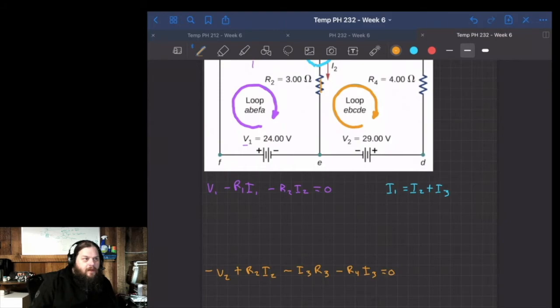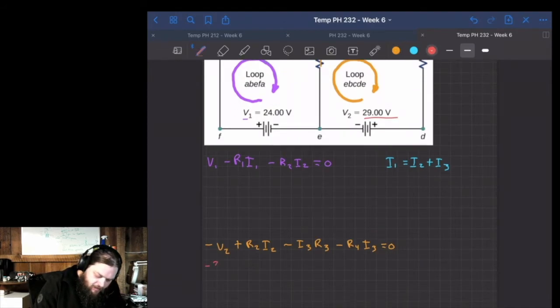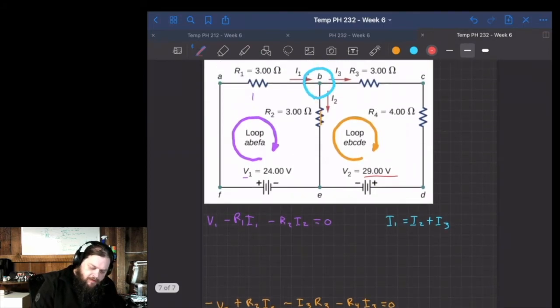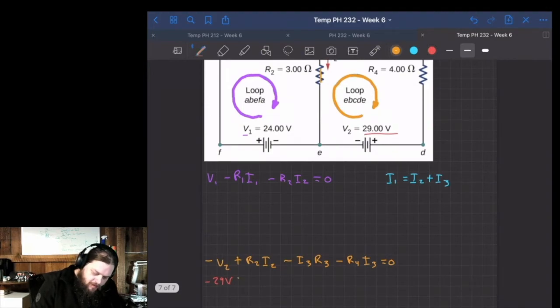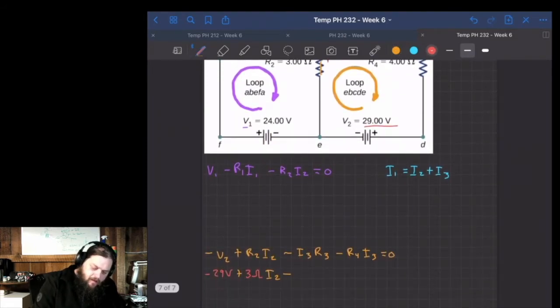Okay, so now we can plug in the values that we know. Let's start with the orange one. We have 29 volts for V2, so that's going to be negative 29 volts. We've got 3 ohms for R2, so that would be plus 3 ohms I2 minus, I'm going to write the resistor values first, so 3 ohms again times I3.